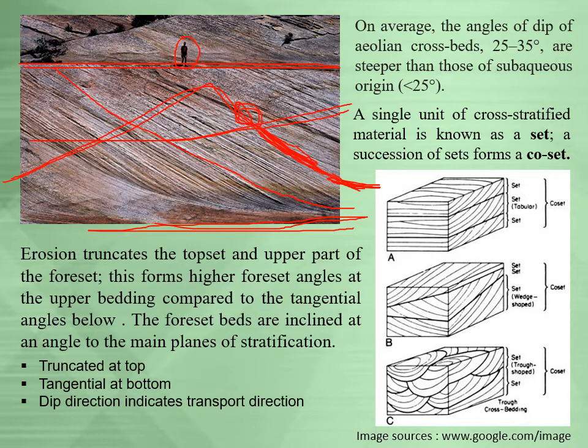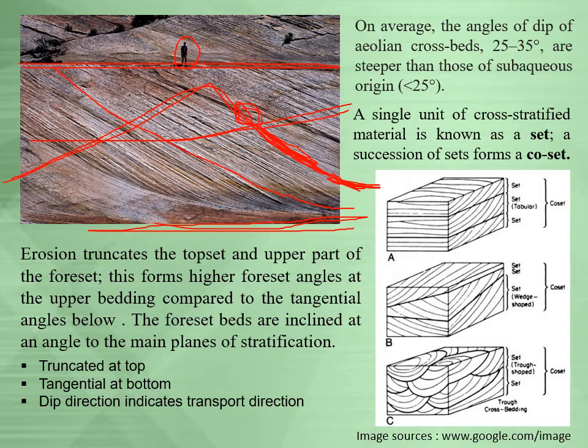So that is why you can say that these are cross laminations, as these laminations are not parallel with the upper and lower bounding surfaces. Instead, they cross cut the upper and lower bounding surfaces at an angle. So that results in some characteristic features of cross lamination or cross bed.